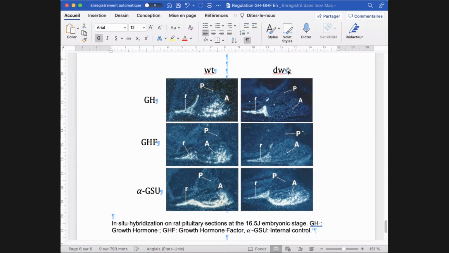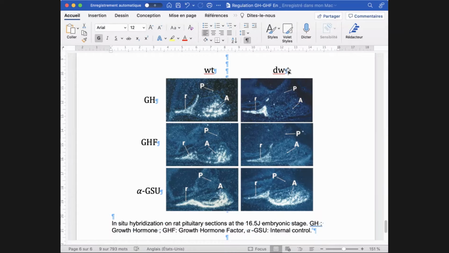Okay, so this is the reason why they are dwarfed. And the question is why they don't produce the growth hormone. So do you have an answer to this question? In other words, is it because their GH gene is not functional anymore, or is it coming from upstream events?